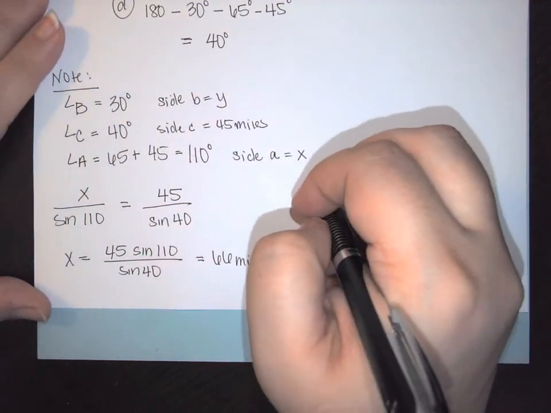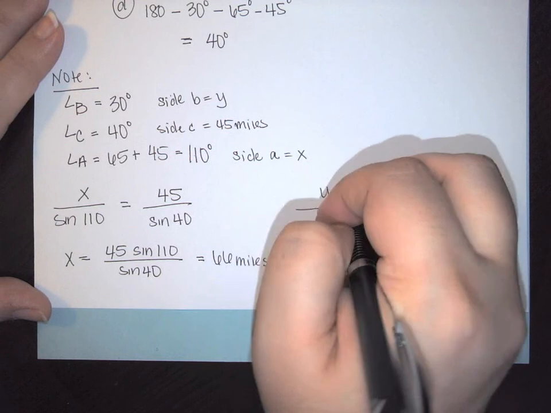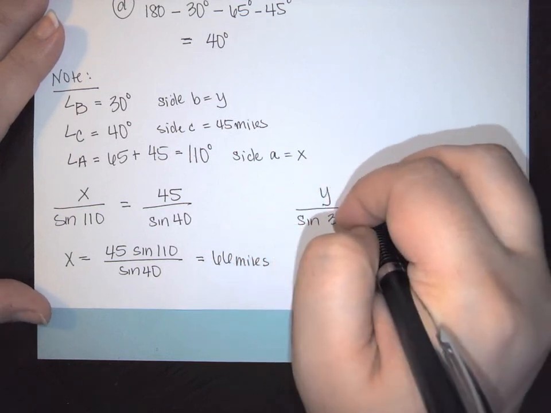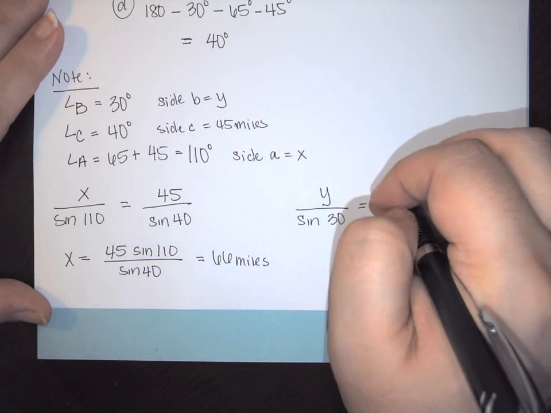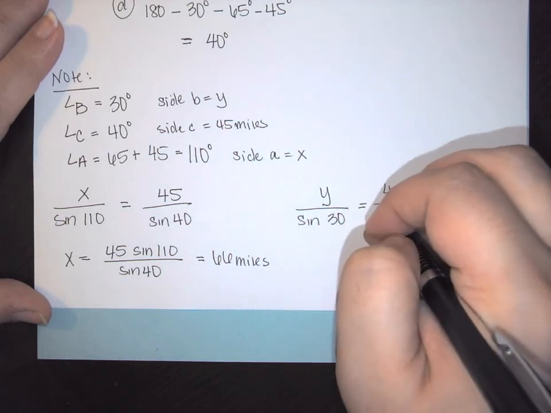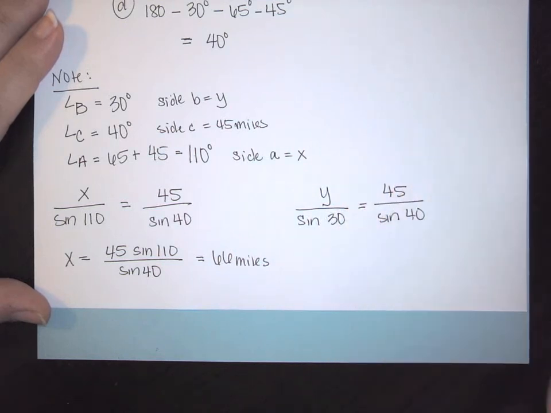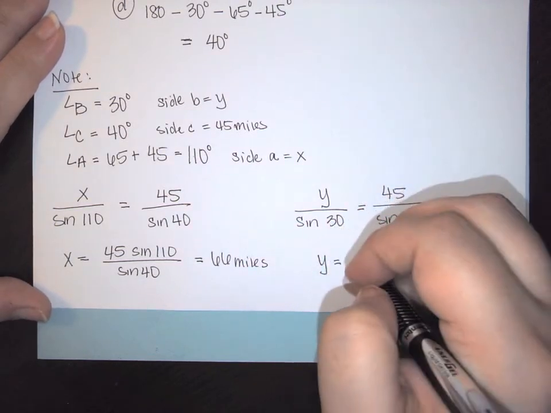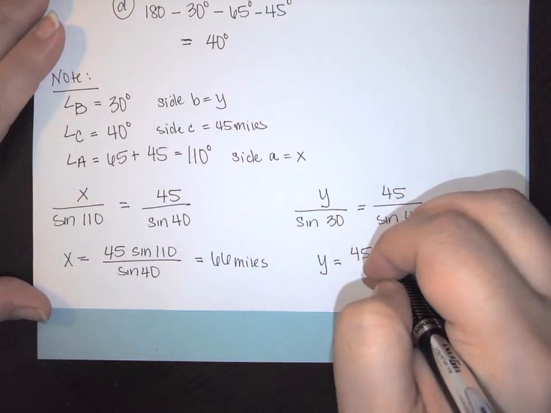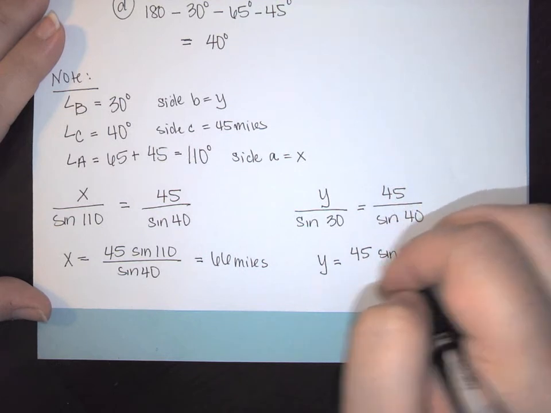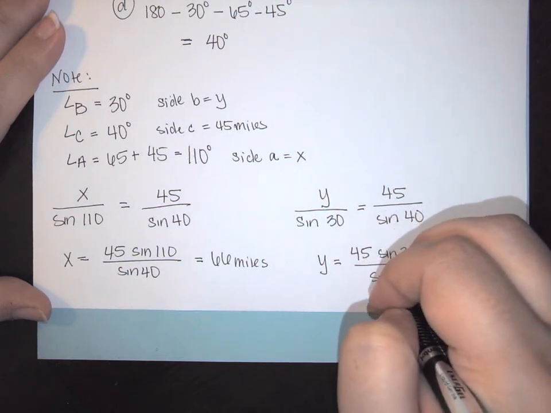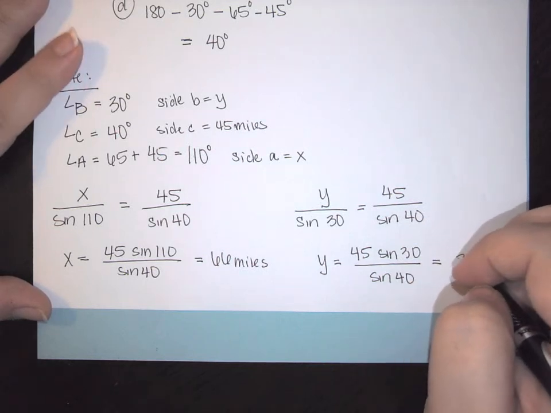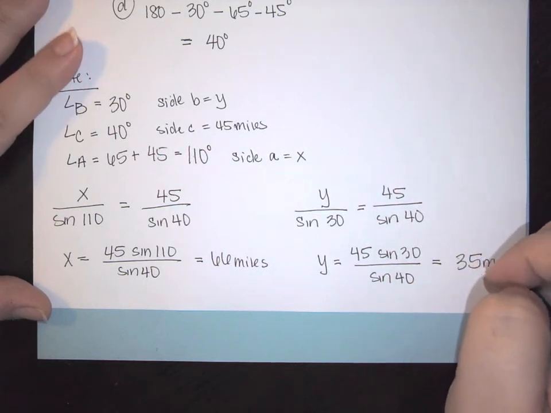So here I'm going to have y over the sine of 30 is equal to 45 over the sine of 40. So to find y, I do 45 sine of 30 over the sine of 40, and this is going to end up being 35 miles.